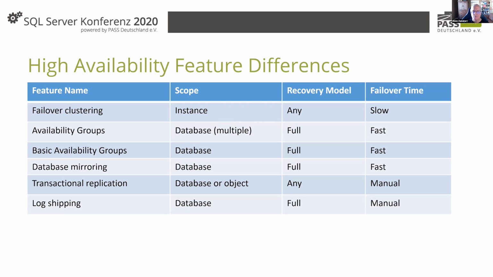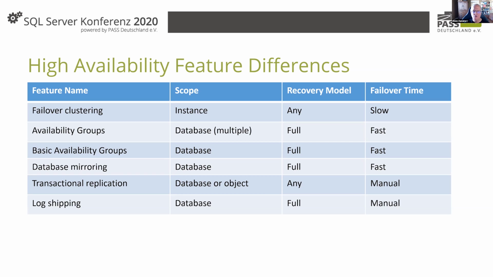Availability groups protect databases, and they can be multiple databases together, and you have to use full recovery model, and the failover time is fast. And then you can see that for the rest of them, almost all the other ones, they're database level protection. They don't give you instance level protection, just database. And transactional replication can drill down and just protect individual objects like tables. And transactional replication also lets you use any recovery model you want.